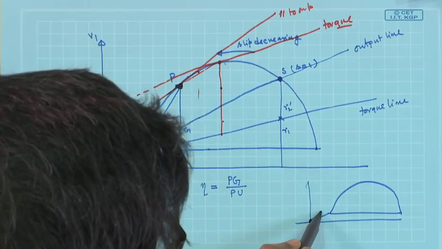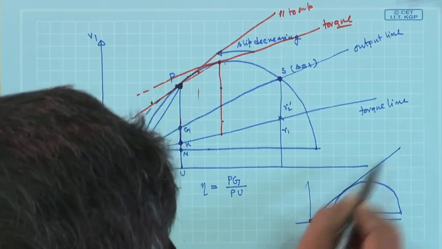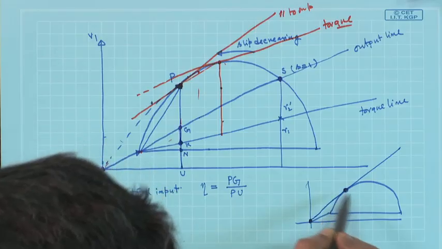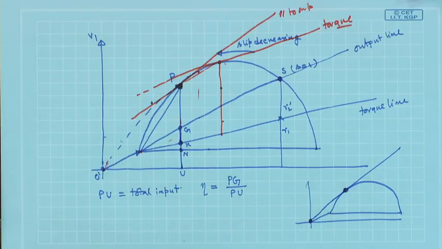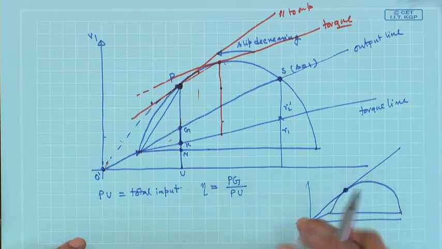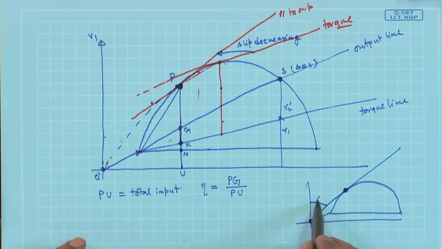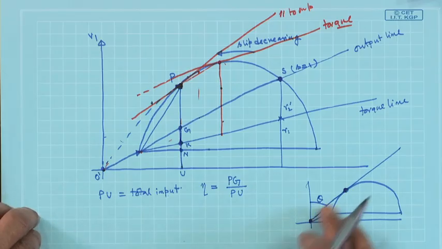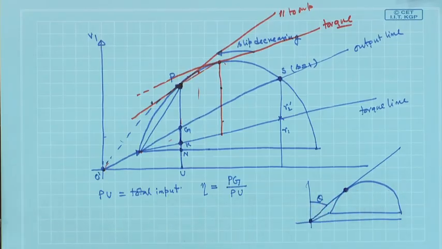So, draw a tangent to this circle, this will be the operating point corresponding to maximum power factor. Because you can easily see for any other power factor, this angle, which is the power factor angle theta, will become more, and cos theta has its maximum value only at this point.